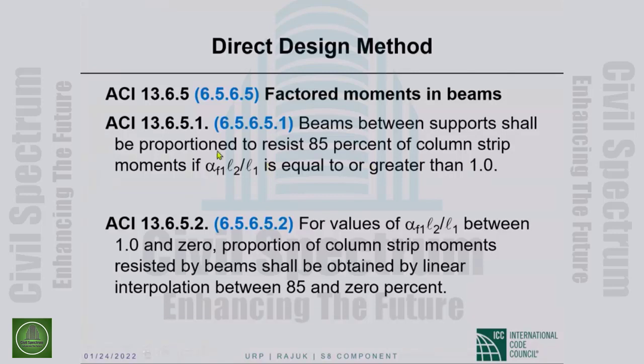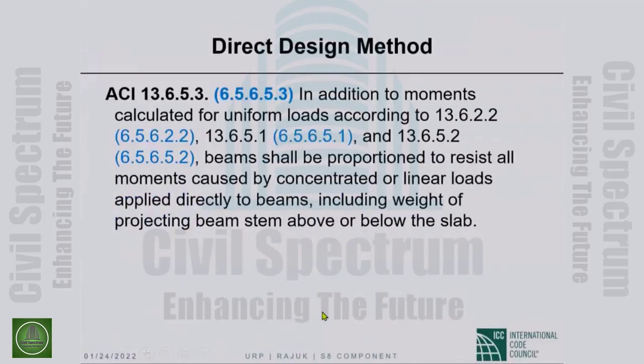This is for values of alpha sub F1 L sub 2 over L sub 1 greater than 1. If the value is less than 1, then you interpolate down, so proportion of column strip moments resisted by beams shall be obtained by linear proportion between 85% and 0%. Okay? I think this is very easily understood if you just read.